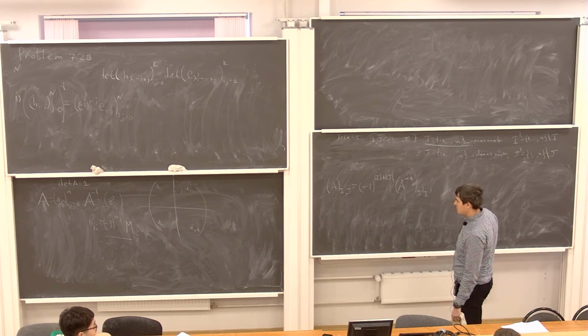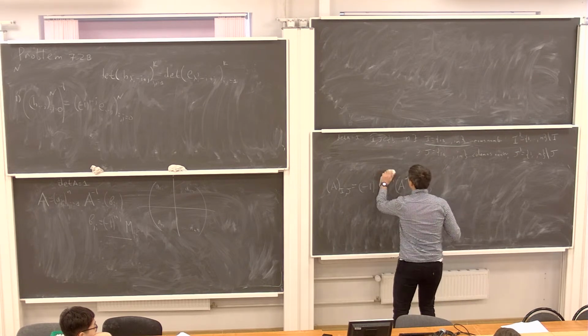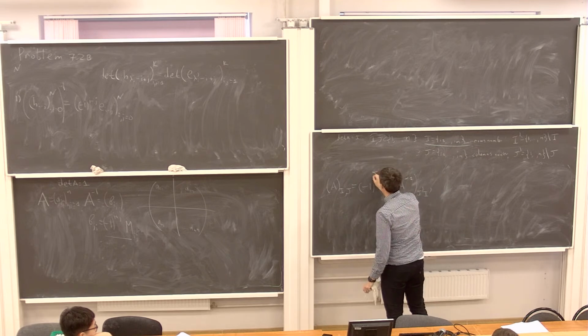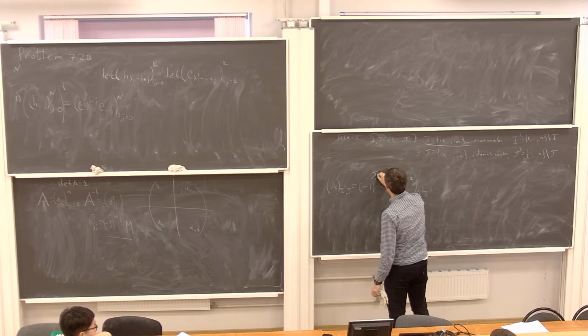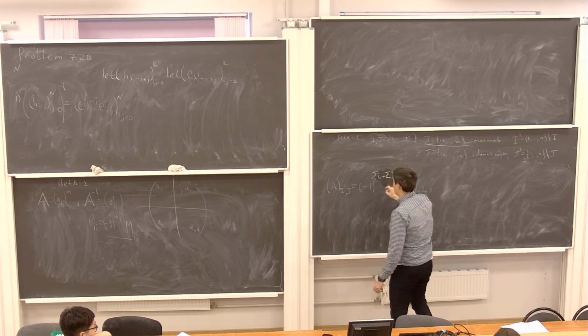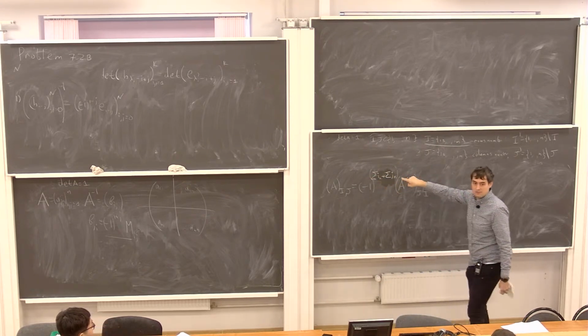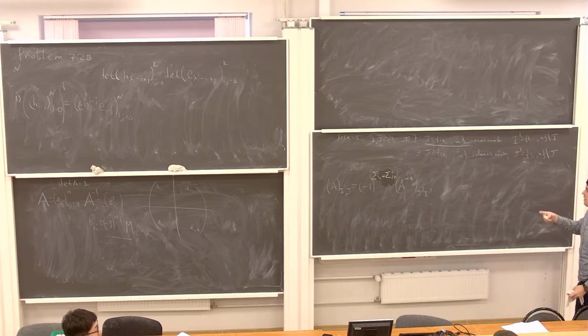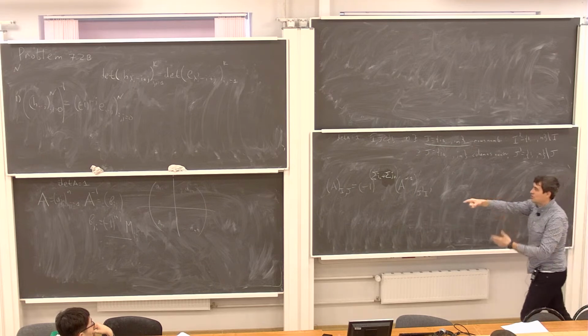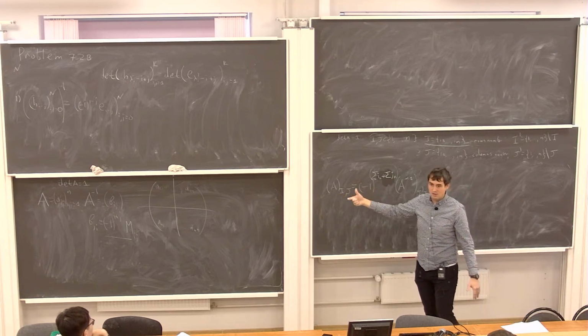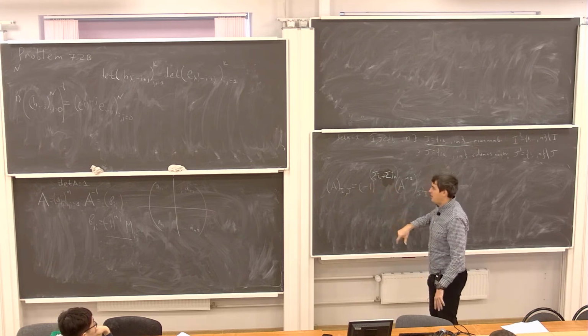Sorry, this is not correct. It should be the sum of the I's plus the j's, but it's the same, okay? Here is this number. And I minus j or I plus j has the same parity. So it's just a generalization of this formula for minors of A and A to the minus 1.